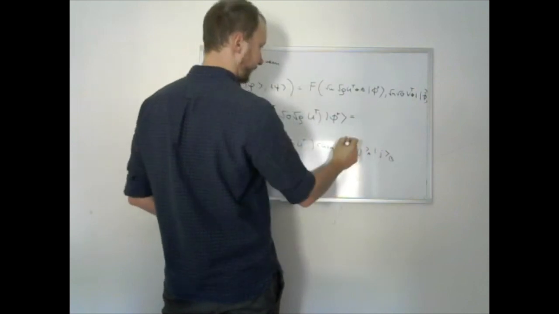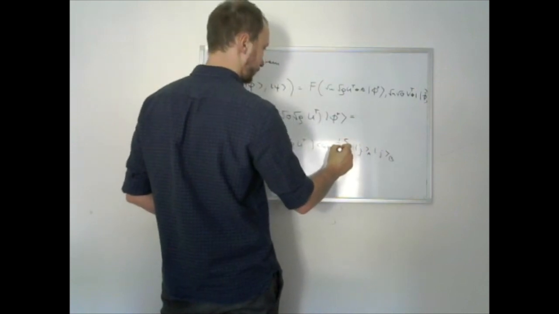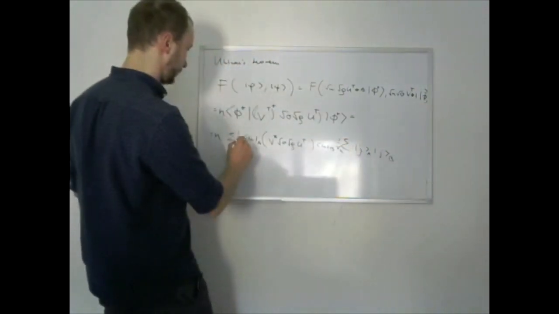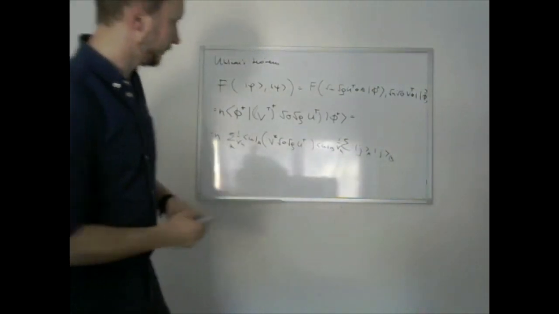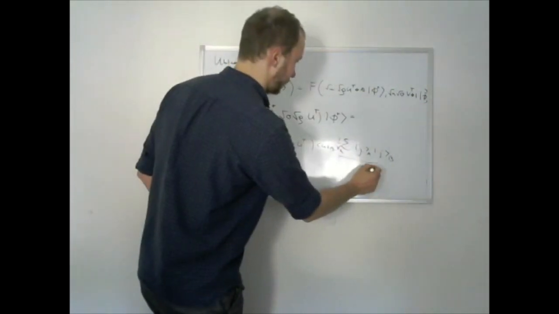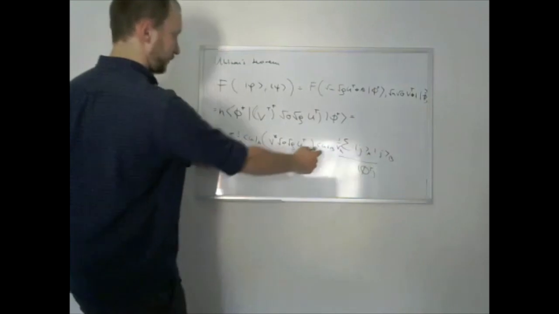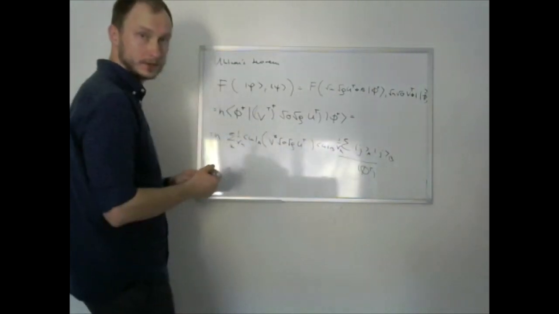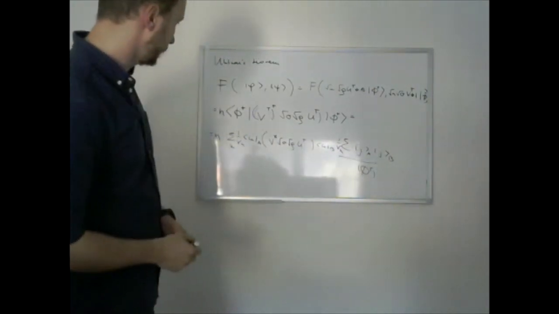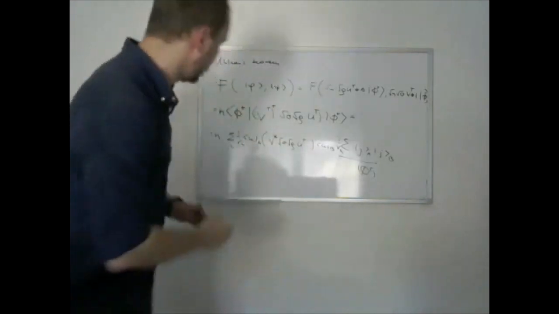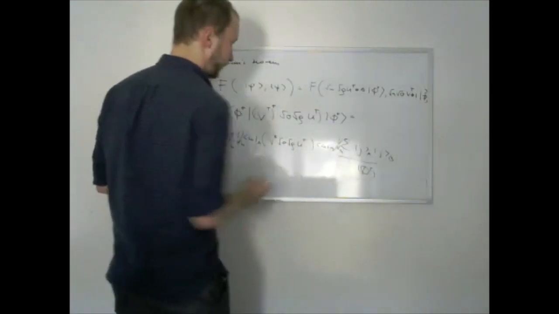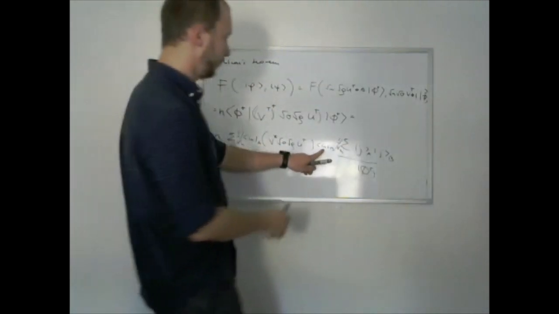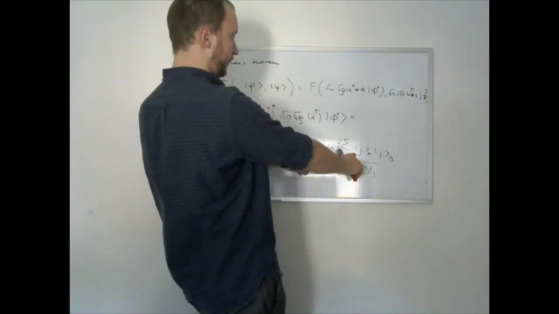Sum of 1 over square root of n, and here as well 1 over square root of n. So the first thing you see already is that this is phi plus, and this is also phi plus with this thing acting on Alice. Well, you see already that the square root of n is here. Now on Bob there is nothing acting, so it just gives you a delta on kj.